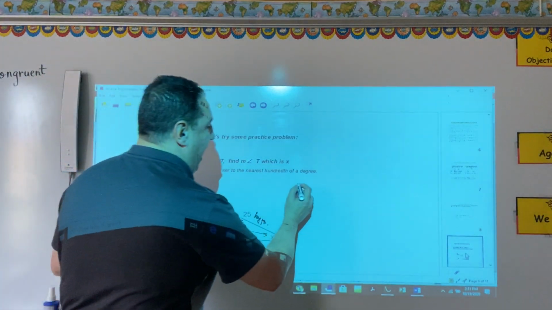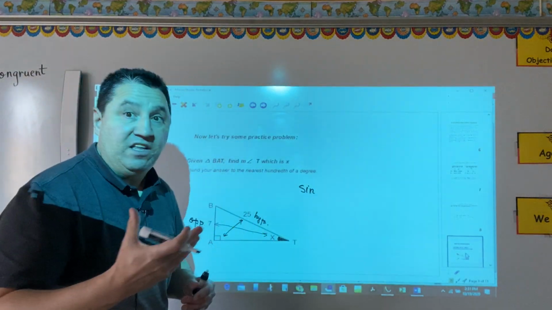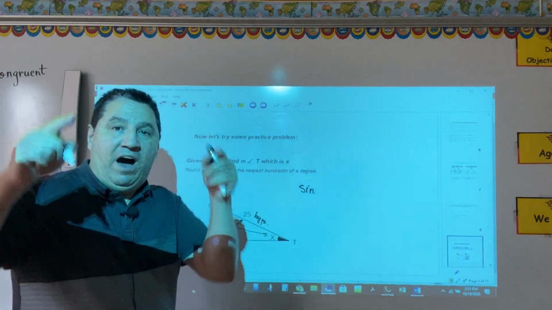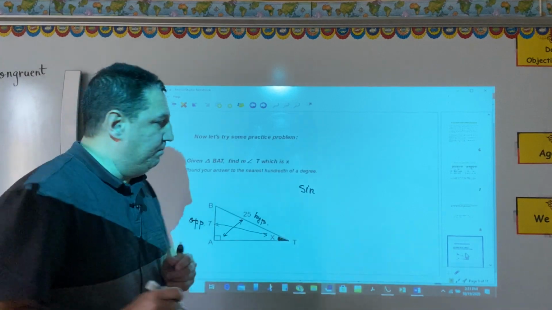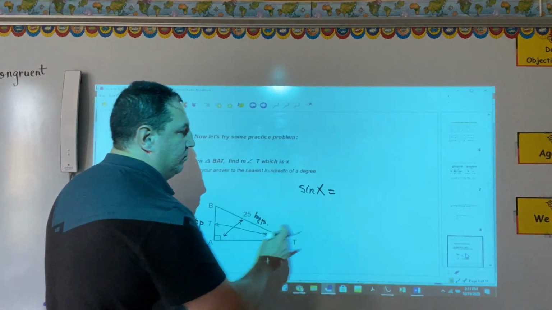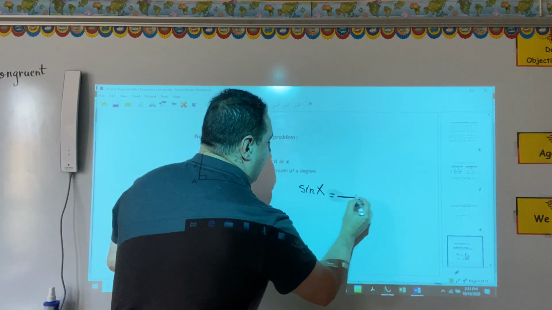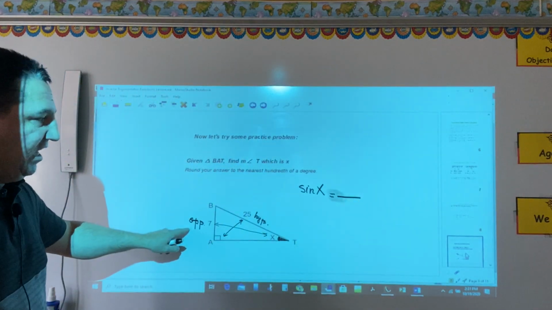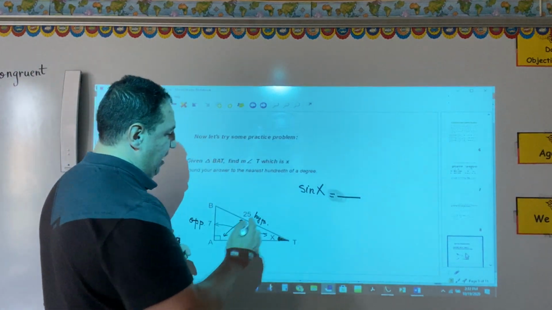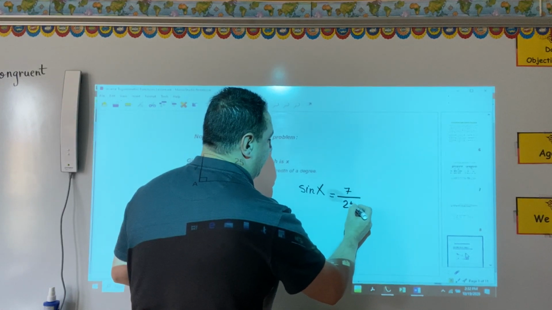So we're going to have sine of angle X, because, as I said earlier, the trigonometric ratio is applied to an angle. So sine of X equals the ratio of opposite side to hypotenuse. Remember the formula for the sine ratio. So you're going to have 7 on top, in the bottom 25.